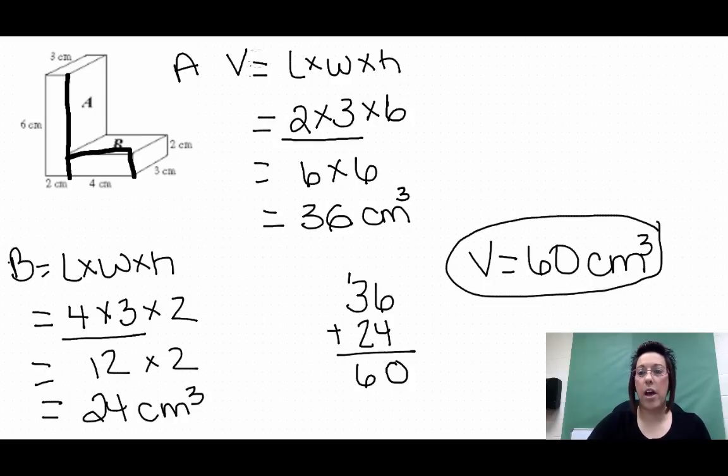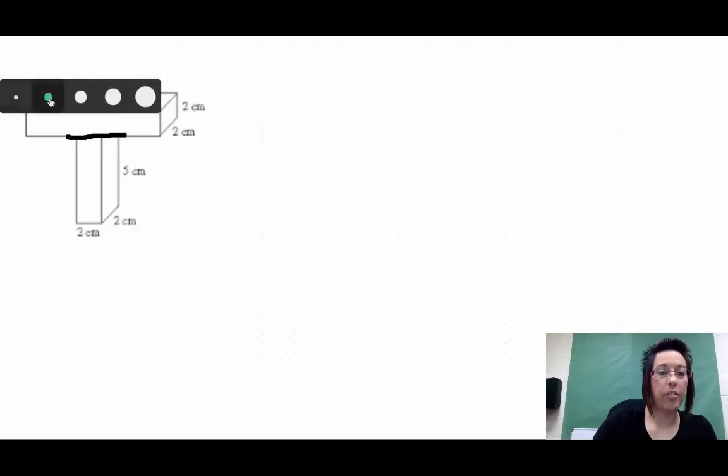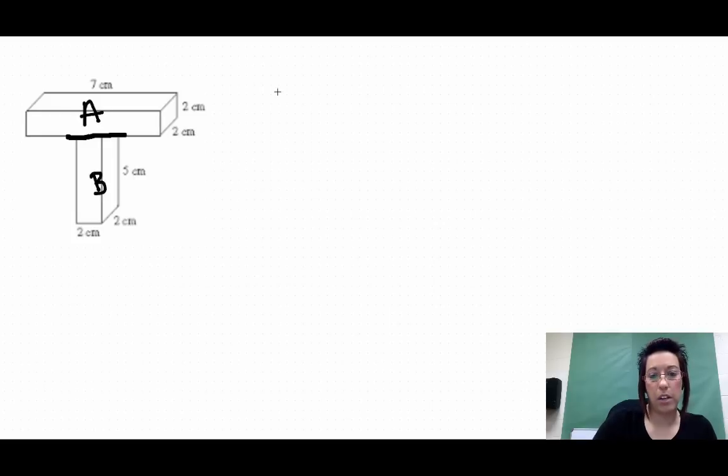Okay, let's go ahead and look at our guiding question from today. We know we have to take this shape and make it into two smaller shapes. It looks like a logical break would be right here. So we're going to call this shape A and this shape B. So volume equals length times width times height.